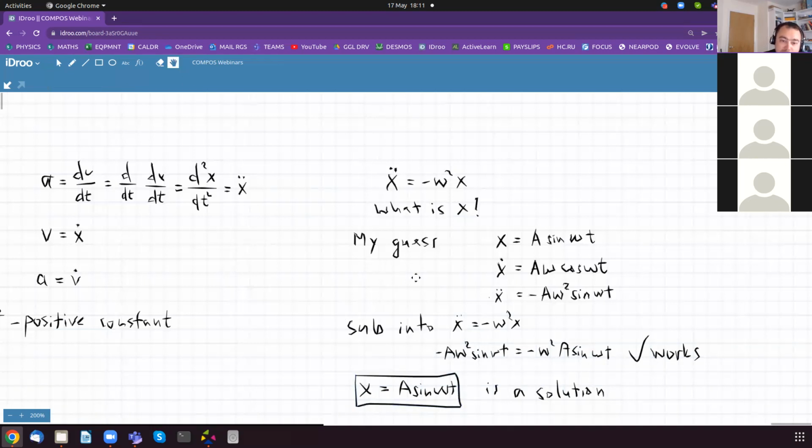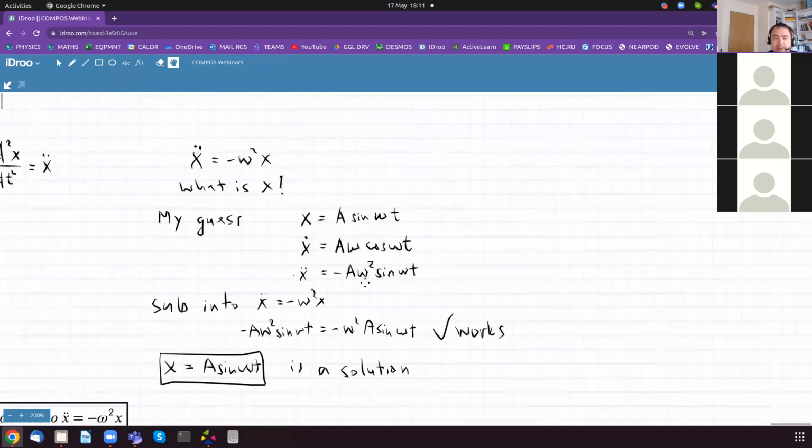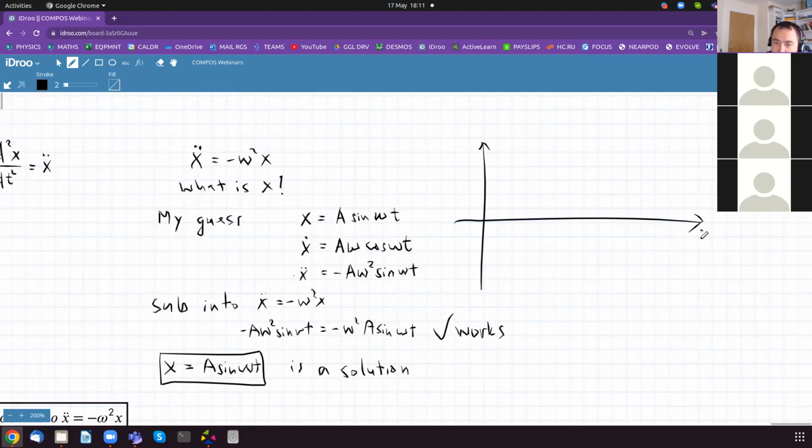What does this function look like? Well, it's a sine graph. So obviously it looks like this. This is time, this is x. x is the position of the mass. And it looks something like this.